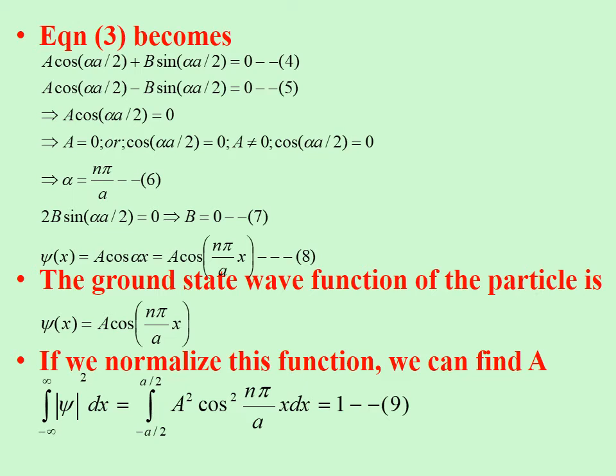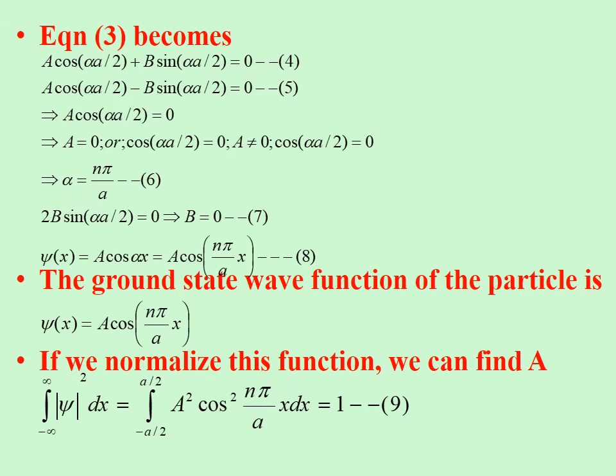So if you add these two equations, you get A cos alpha a by 2 is equal to 0. Either A is equal to 0 or cos alpha a by 2 is equal to 0. Because A is the first term, A cannot be equal to 0. So cos alpha a by 2 is equal to 0.